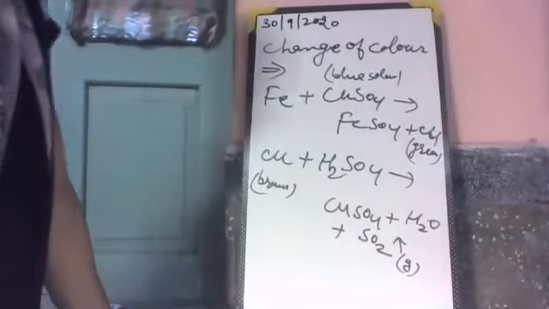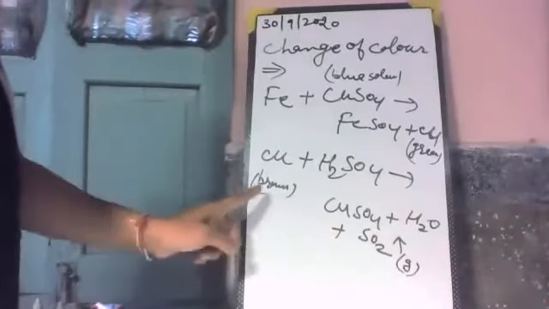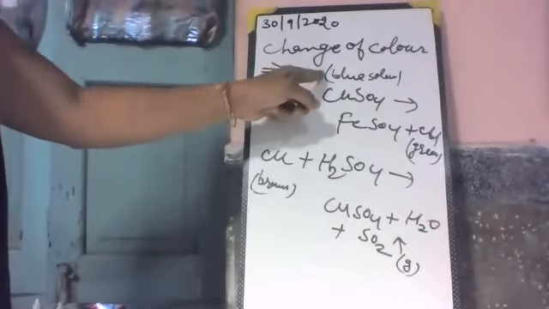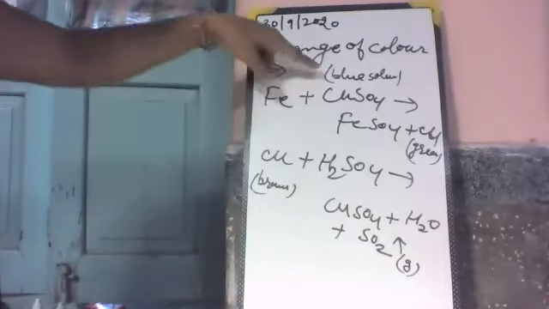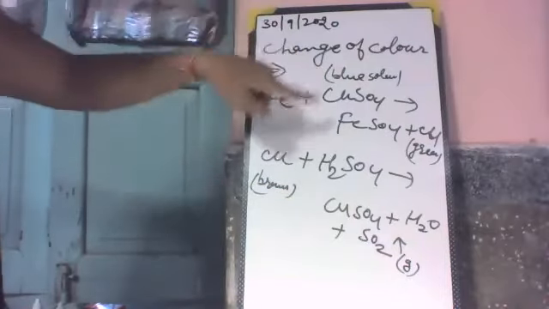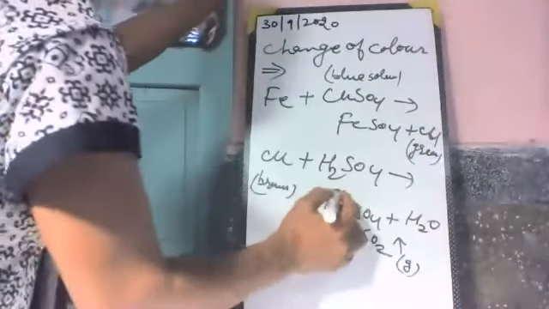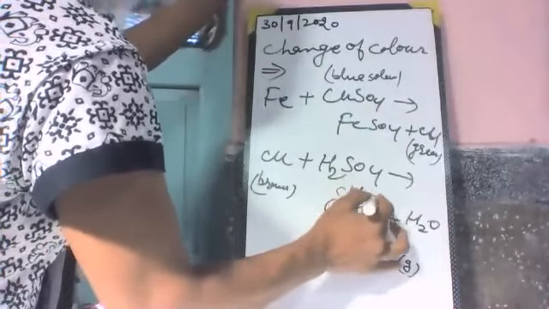Here, the blue solution of copper sulfate is formed. This brown changes into blue color because copper sulfate is a blue solution. Same here, copper sulfate is forming, so the color is blue.